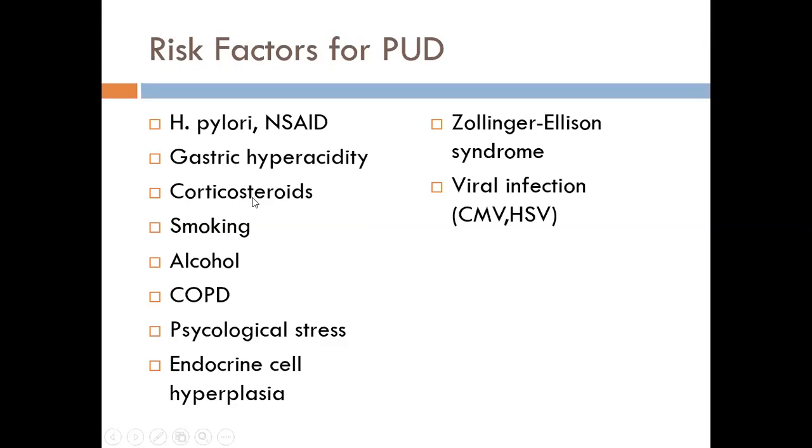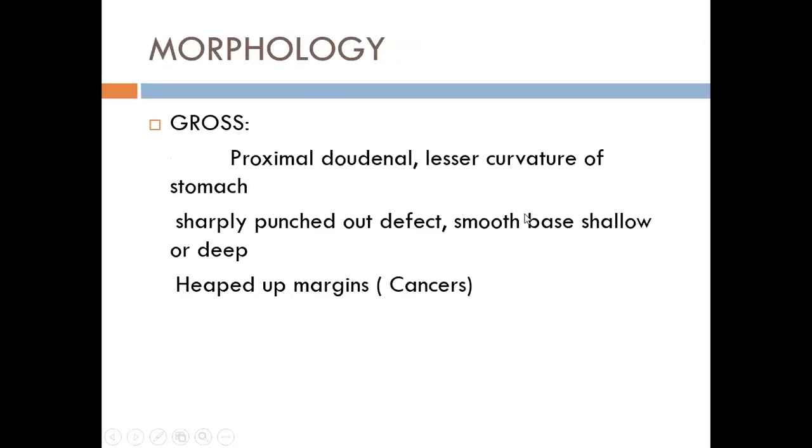So the risk factors I mentioned in the previous slide: H. pylori, non-steroidal anti-inflammatory drugs, gastric hyperacidity, corticosteroids, smoking, alcohol, chronic obstructive pulmonary disease, psychological stress, endocrine cell hyperplasia, Zollinger-Ellison syndrome, and viral infections like CMV and herpes simplex virus. So all are risk factors.